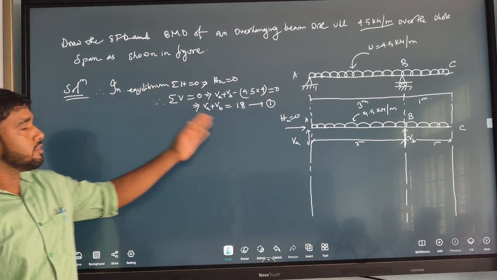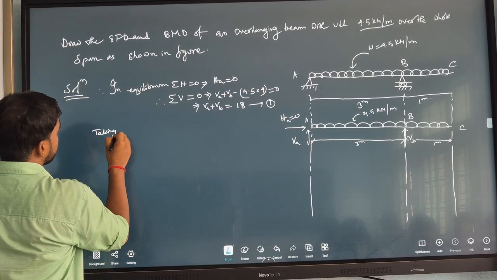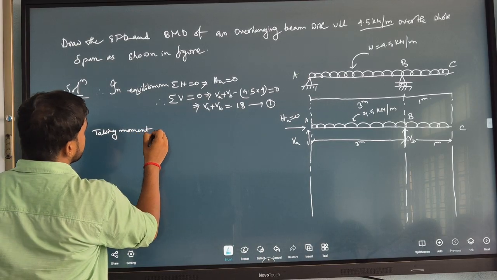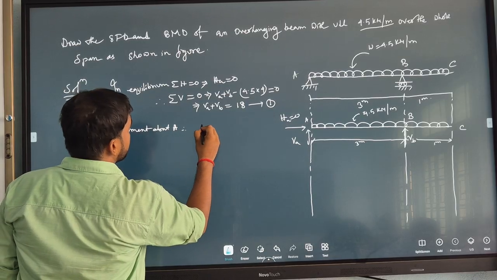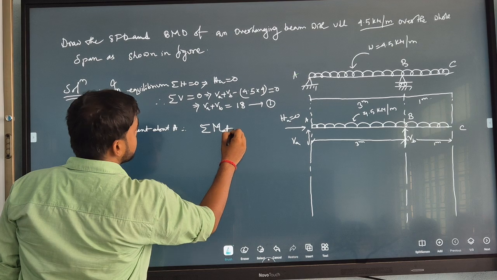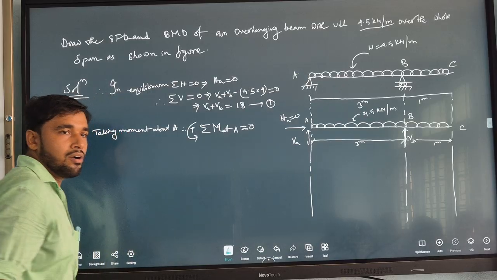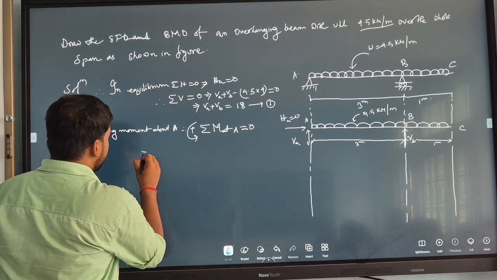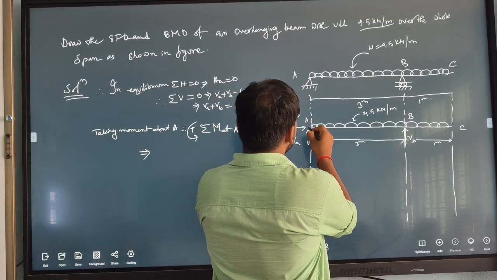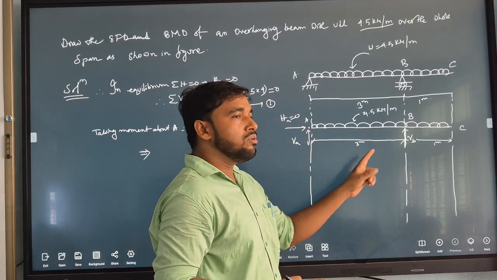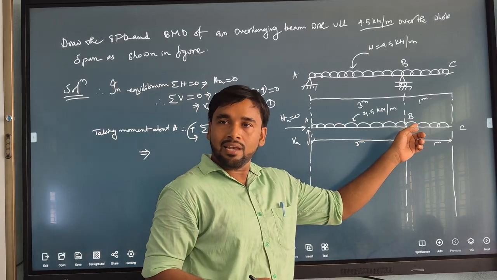Now let us take moment about point A. The summation of moments at A, clockwise and anticlockwise, is 0. The moments come due to two vertical loads: one is VB, one is the whole UDL.